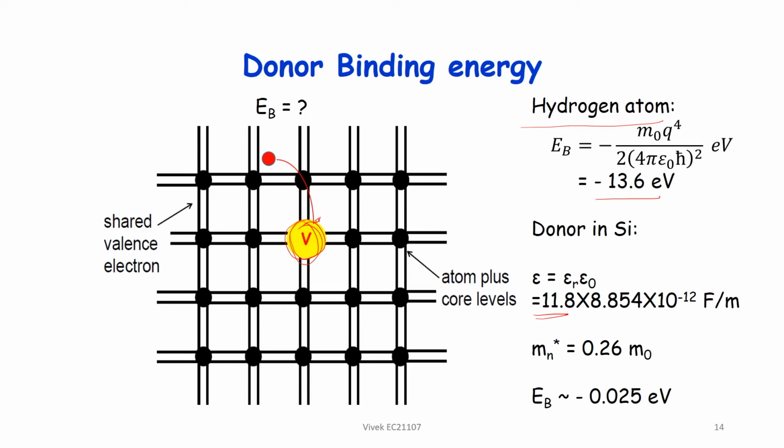So this epsilon naught will be multiplied by 11.8 and the rest remains the same. So this basically becomes 13.6 times 1.18 divided by 11.8 squared. That gives you around 0.025 electron volt. So this is not the exact value, but it gives you an indication that it's much less compared to the band gap.